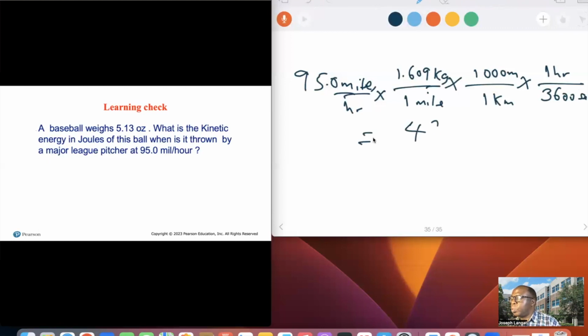It's going to be 42. This is meters per second.